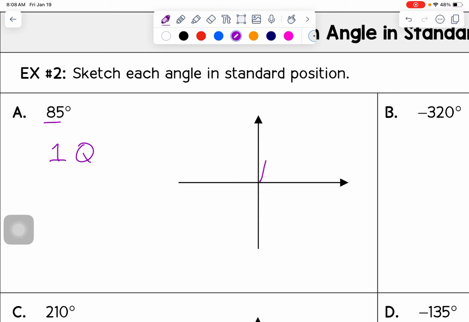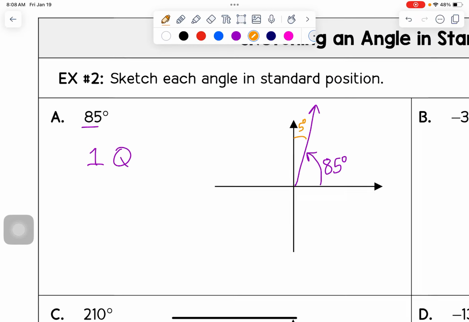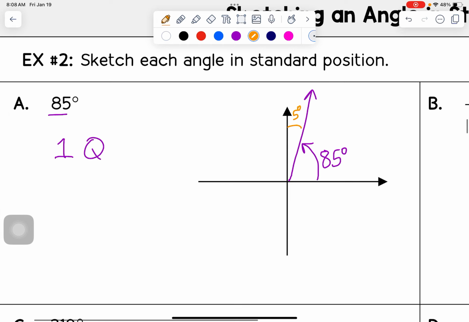I would say 85 degrees is right about there. I want to label that angle 85 degrees, and then label it somewhere else, so I'm going to label this as 5 degrees. Is that required for me? Yes. Is it required in real life? No. So that's our first one there, 85 degrees.